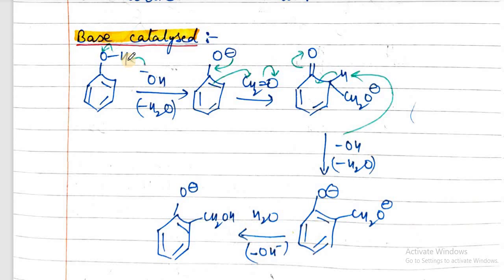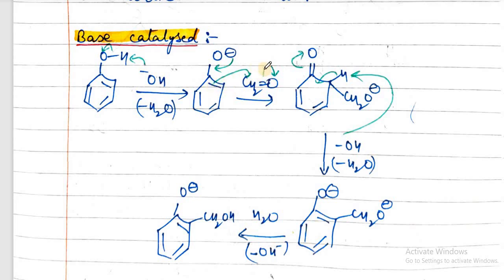Base attracts hydrogen and we get O negative, and then these electrons move to this double bond, and meanwhile this formaldehyde, that is CH2, we can also write it as CH2 double bond O, attacks through carbon to this ortho position through these electrons.